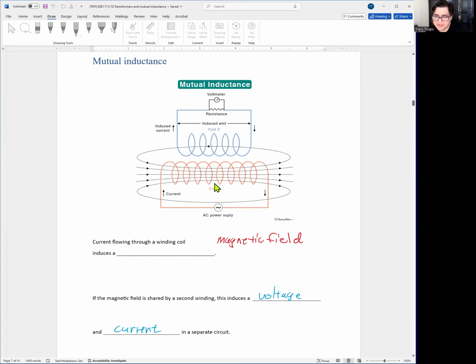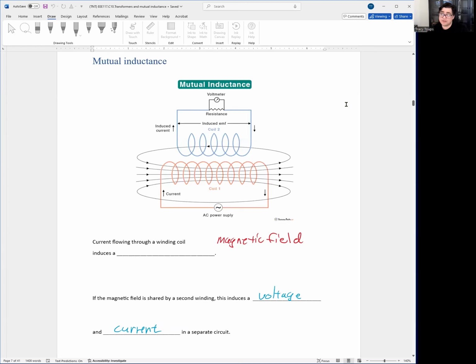So just by being in close proximity, two coils can link magnetic fields in between. And then you could get the electricity to, quote, jump a circuit, because these are electrically isolated. But the electric energy will jump through the magnetic field into the second circuit and then go to a load.